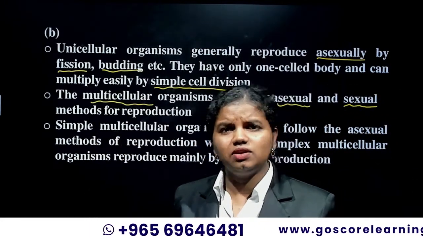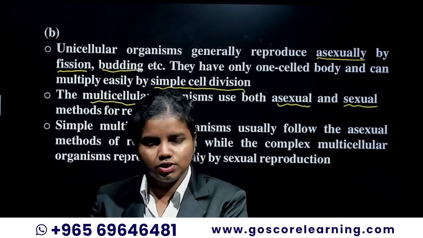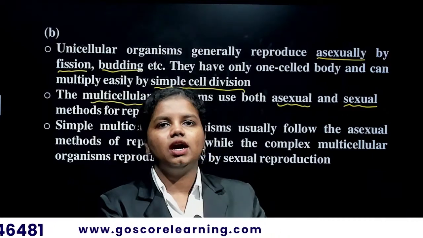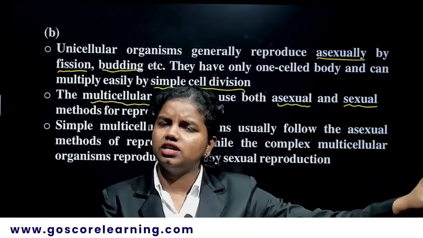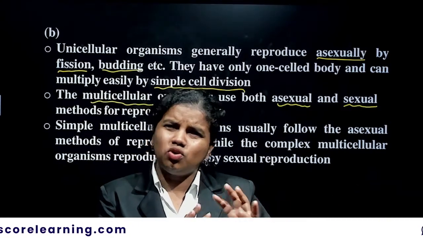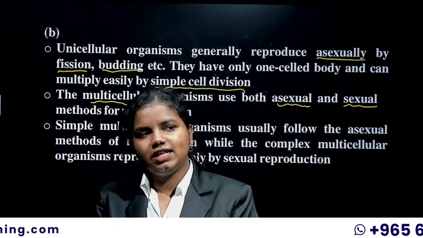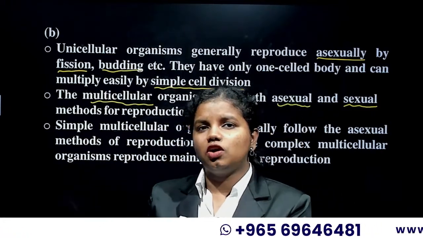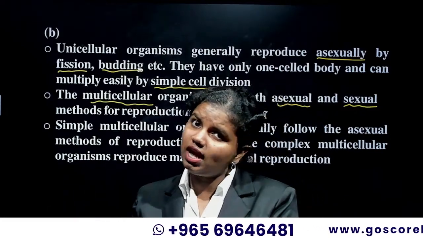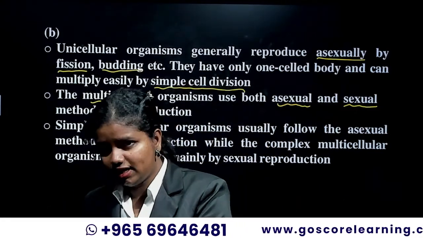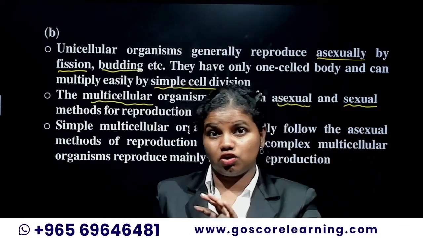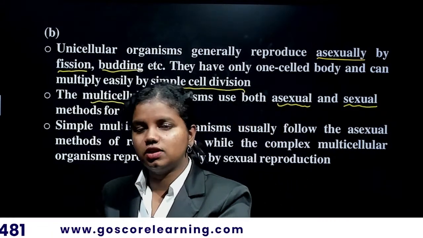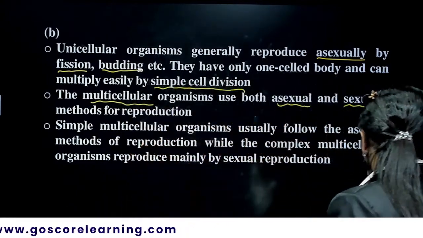The question is basically what happens to multicellulars and what happens to unicellulars. You can say unicellulars normally undergo simple mitotic division and replicate because their body is very simple, and that is asexual reproduction. In multicellulars, simple multicellular organisms can undergo asexual as well as sexual depending upon their need, while higher or complex multicellular organisms normally depend upon sexual reproduction, obligatorily.